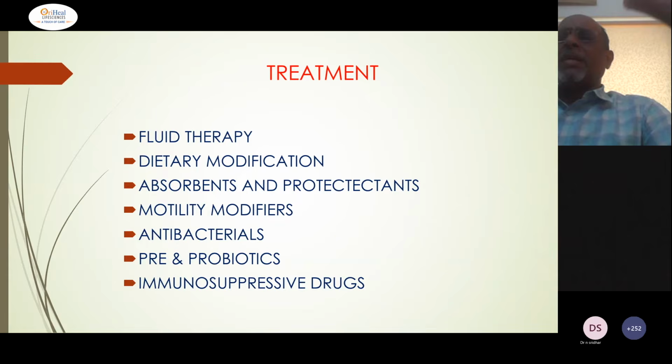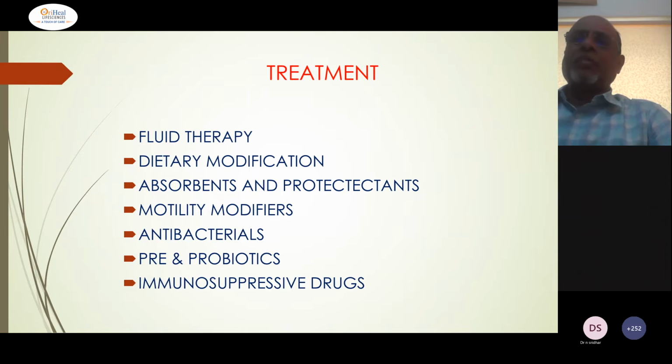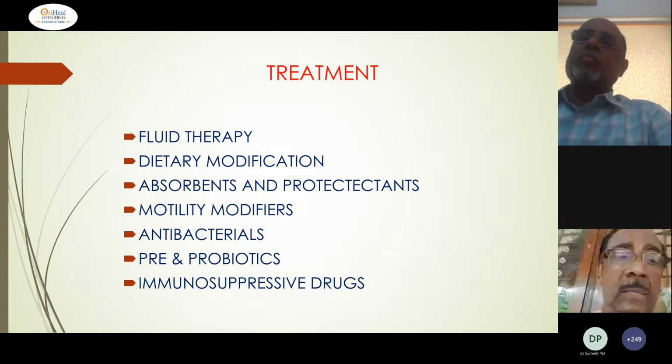The major treatment for small intestinal diseases, because I'm going to talk about them independently, but still the overall approach, will be that fluid therapy is the mainstay, because there is going to be severe dehydration and electrolyte imbalances like hypokalemia. So you require very good fluid therapy, and dietary modification where you give highly digestible protein, and carbohydrate should be lessened, especially in cats.